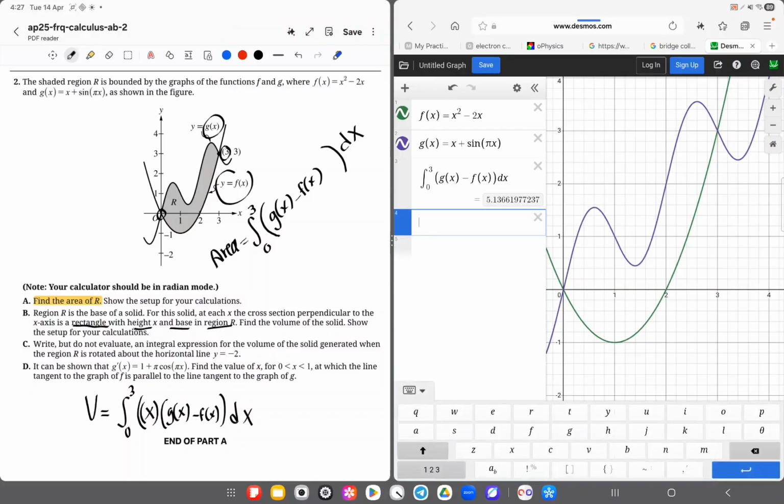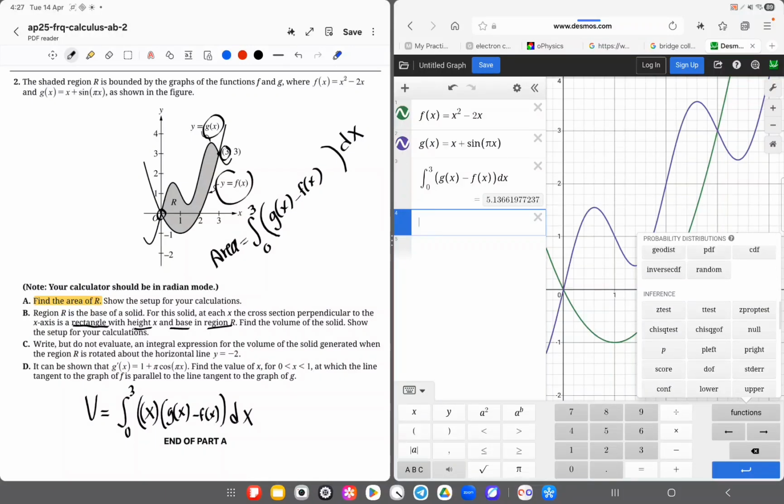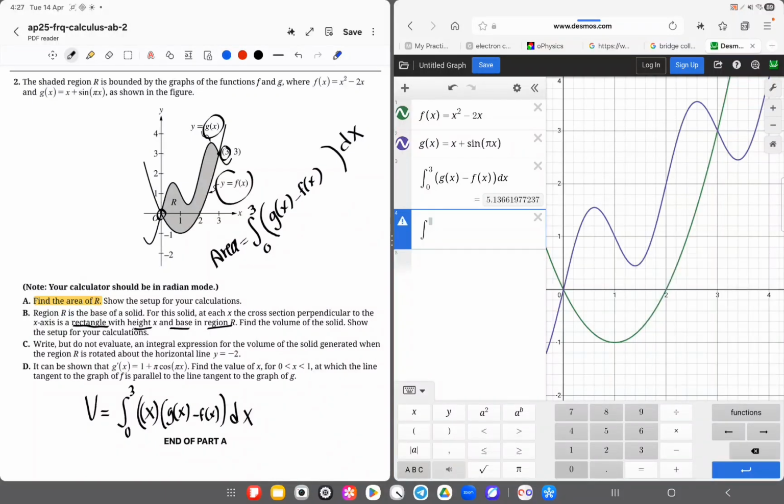So basically here you would just come and you're gonna do integration from 0 to 3 and you're gonna open a bracket x. Yeah, so open two brackets x and then another one g of x minus f of x, close the bracket, and then you would close the other one and then put dx.